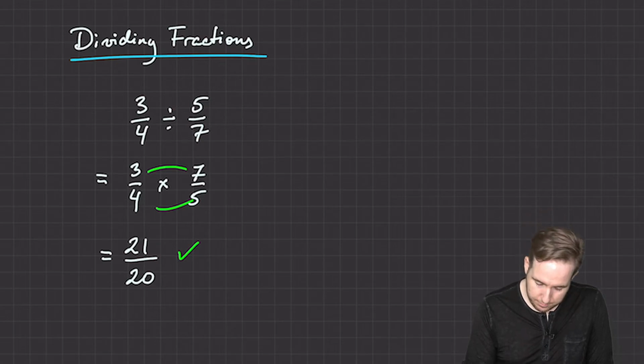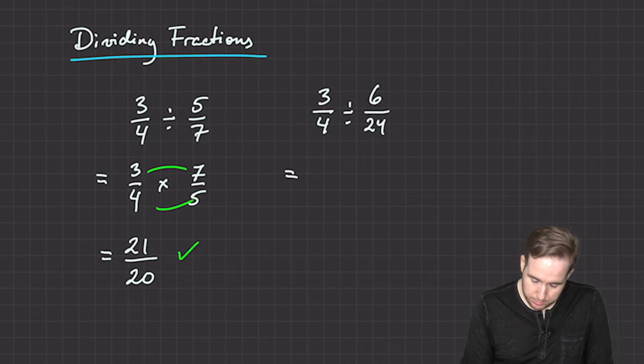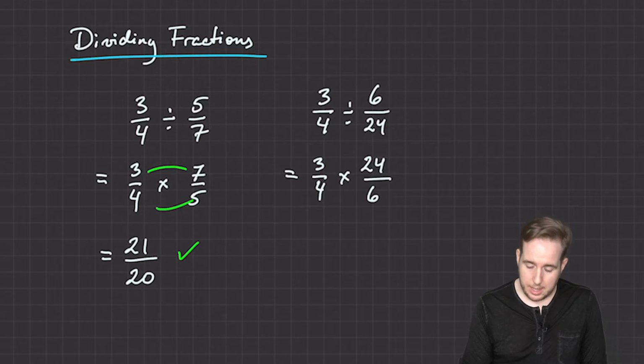So we can have 3/4 divided by 6/24. So that would be, keep the first one, turn the second one upside down, change the divide sign to a times, and then I can look at the numbers.